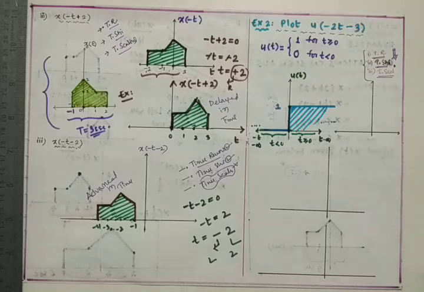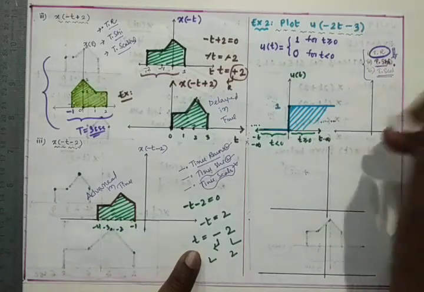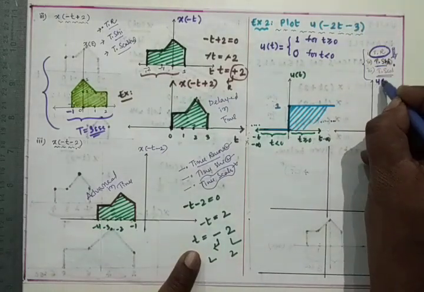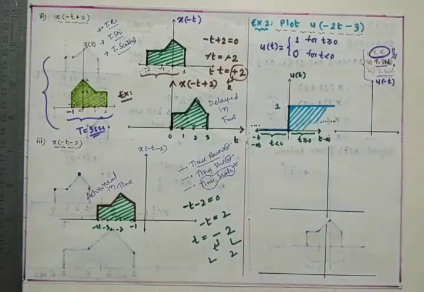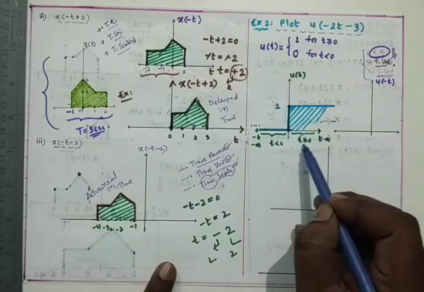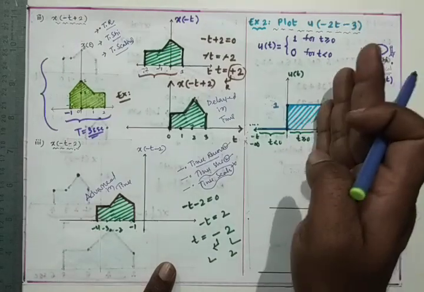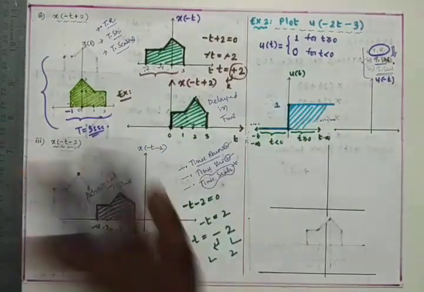Then we have to draw the signal u of minus t. First operation what we have to apply? We have to apply the time reversal operation, that is u of minus t, simply replacing t by minus t. That means the signal which is 1 for t greater than or equal to 0 will come to this side, and this signal will come to this side. It is simply a folding operation.